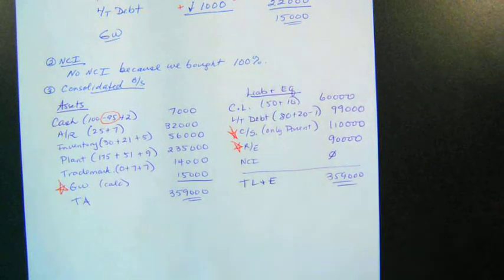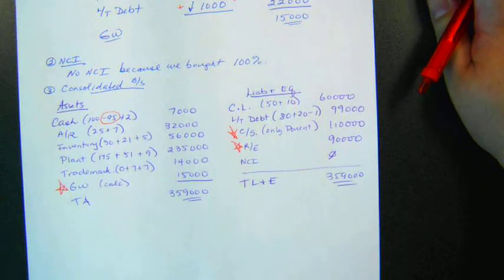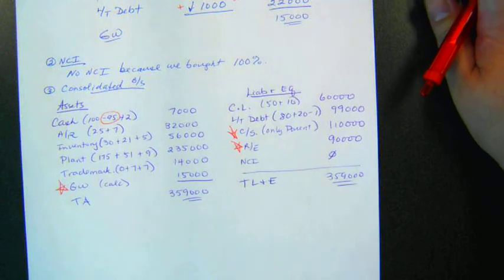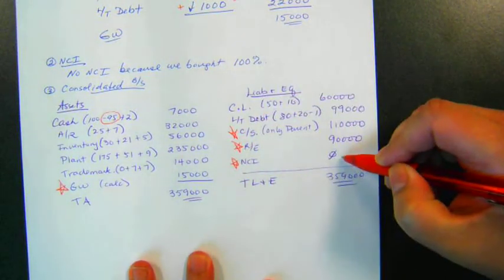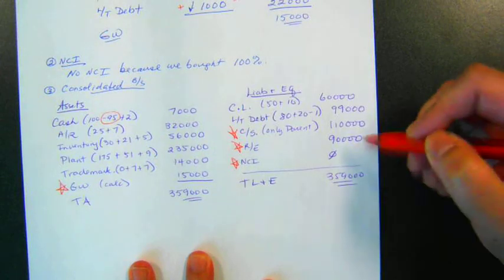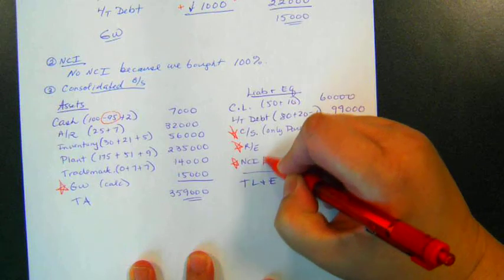So make sure you can, if you have it. Now, remember, NCI is with equity. So this, I put it in here, you didn't really need it, but this is where it would go.